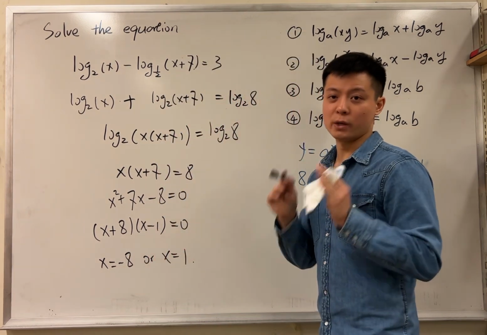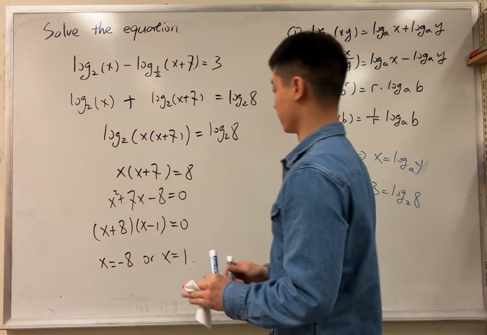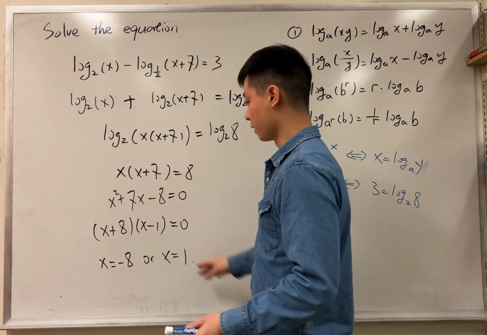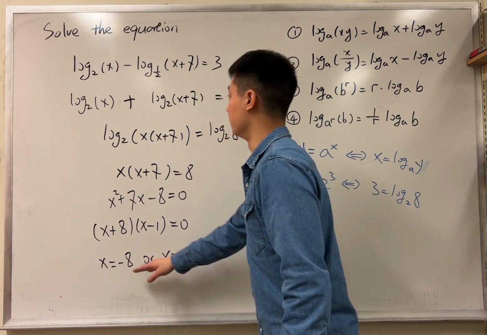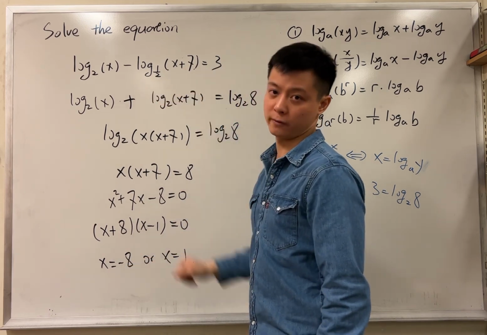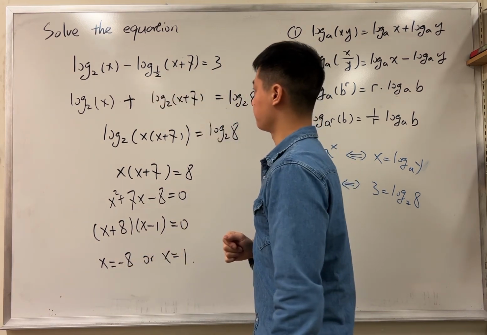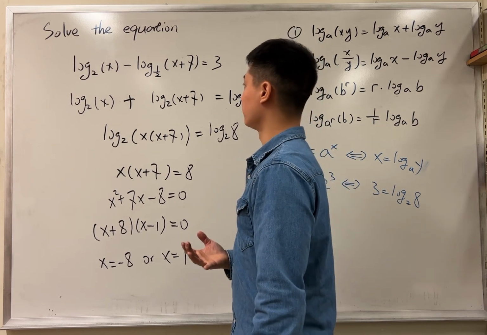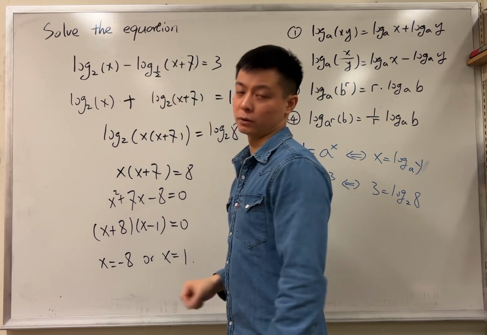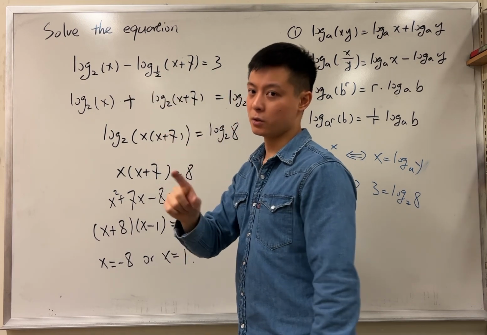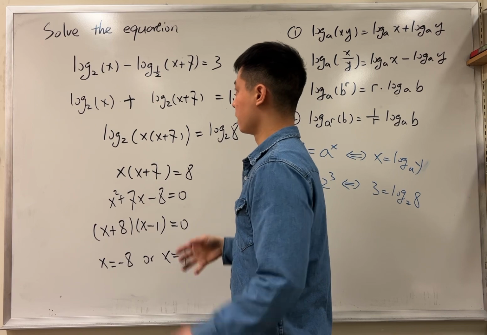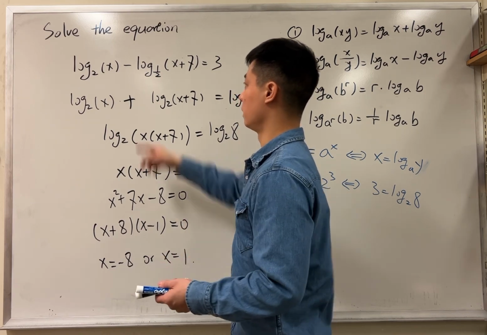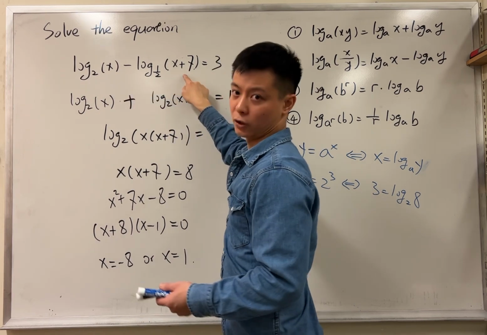It looks like we have two solutions, but actually it's not, because before we conclude these are the solutions, we must plug all of them back into the original equation to see if it makes sense. Because we need to keep in mind that the domain for log functions is from 0 to positive infinity, which means that any negative number or 0 is not allowed in the argument.